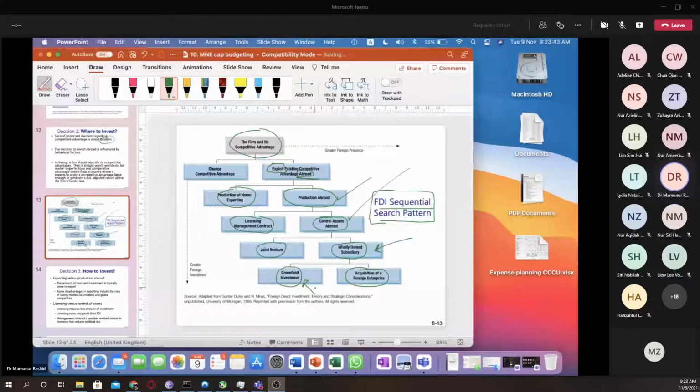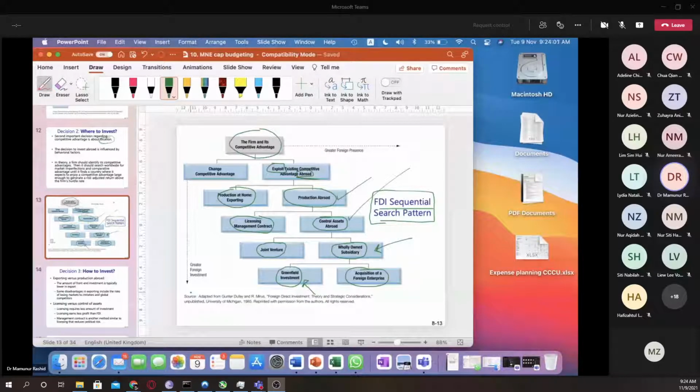So this is the FDI, foreign investment sequential search pattern. This is the way we move to another country or another business gradually, step by step, to choose what location is good for us and how we go into that location as a strategy.